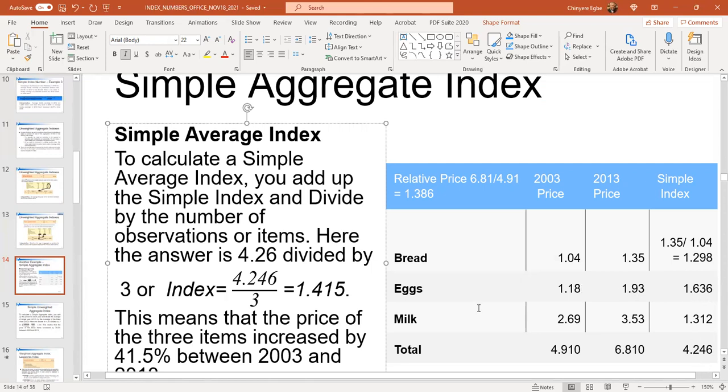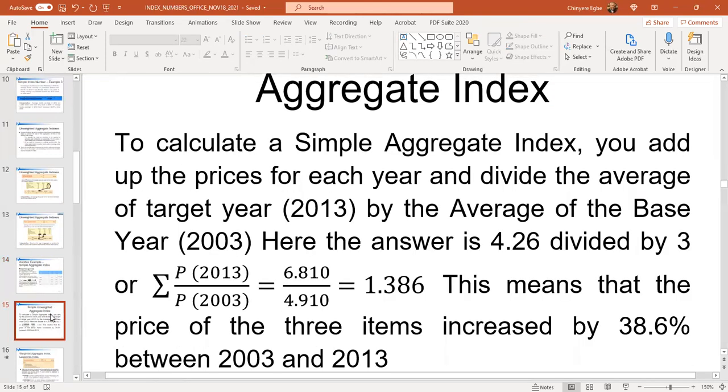And so you add them up, you simply divide by the number of items, which means that the price of goods increased by 41% during that period. All right, so this is essentially an illustration of the point. This is, again, the other method of simple aggregate index that we illustrated earlier.